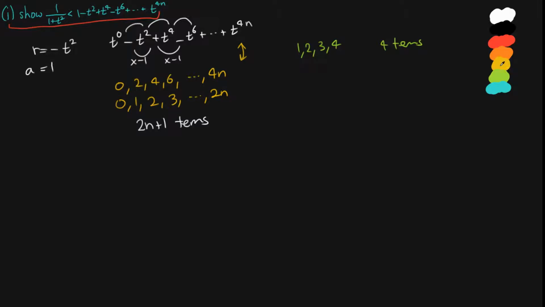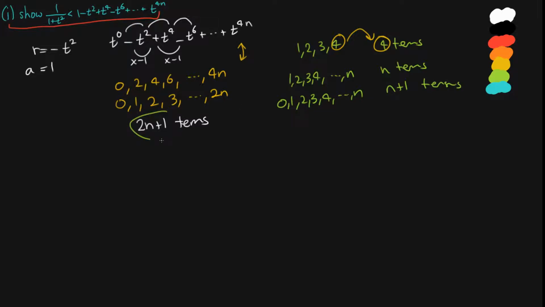And notice that the last term correlates with the number of terms because we start from 1 and go up by 1. Similarly, if we had the series 1, 2, 3, 4, and so on up to n, we would have n terms. And if we started from 0, well, that's just adding one more term, isn't it? So we would have n plus 1 terms. So that's why this thing has 2n plus 1 terms.